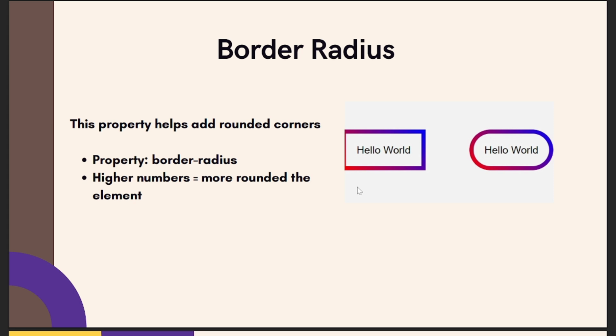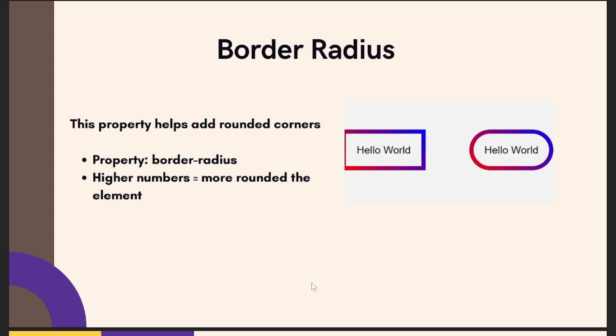This property helps add rounded corners to your border. When I added that border initially, it came out looking like this. You can also make your border look rounded like this. The higher the number, the more rounded the element will be.